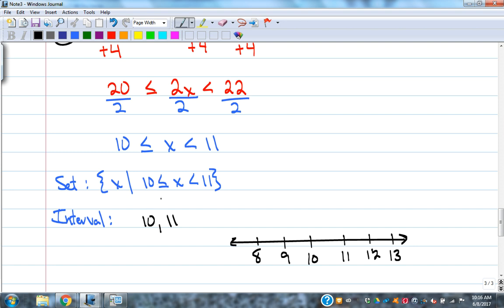Yeah, 10 gets a bracket because it's got the equal to mark. So that's why he gets a bracket. Or her. I'm not sure what a 10 is. And 11 doesn't have an equal to mark. So it gets a parenthesis. And then on the number line, 10 to 11. So all of those numbers in between, starting at 10, going up to 11, but not including 11.